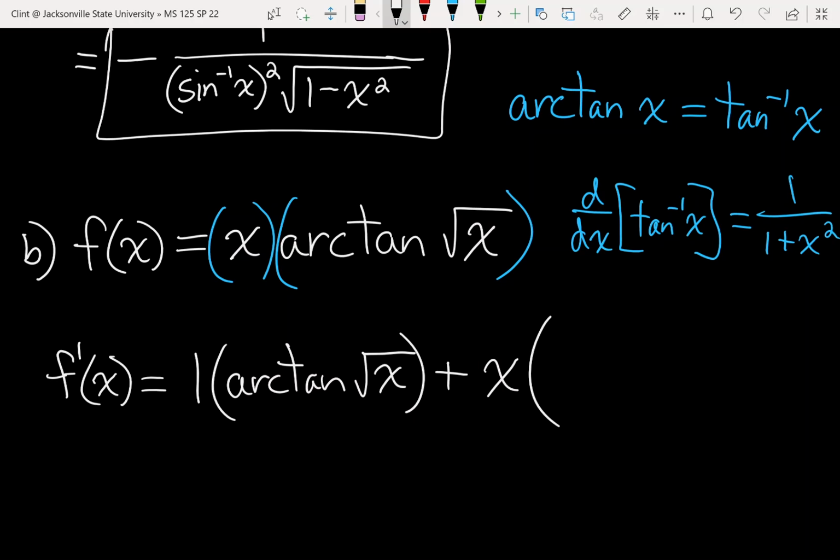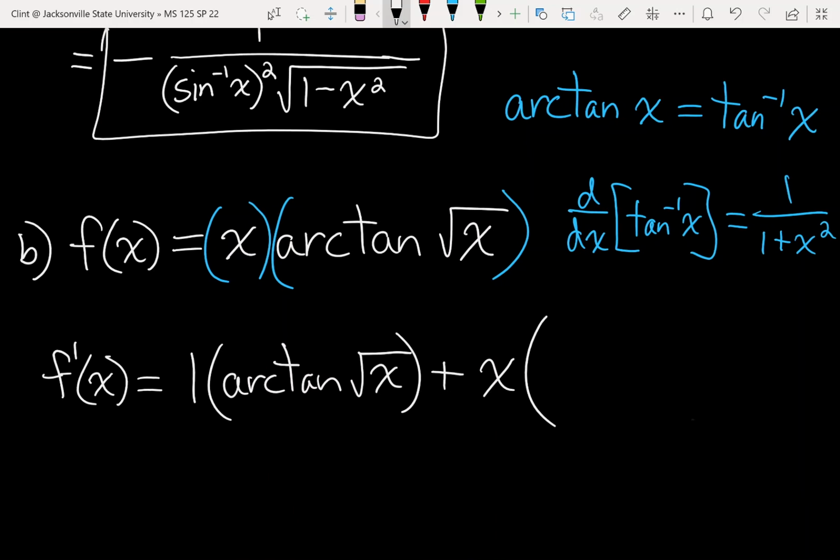This is where this one gets a little messy, because not only are we dealing with arctangent, but it's not just arctangent of x, it's arctangent of the square root of x, so we have chain rule involved here.